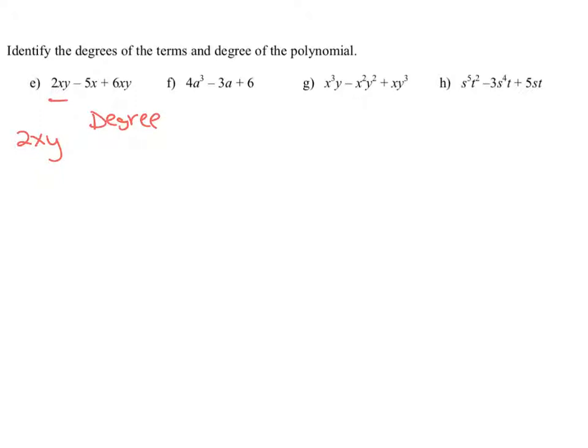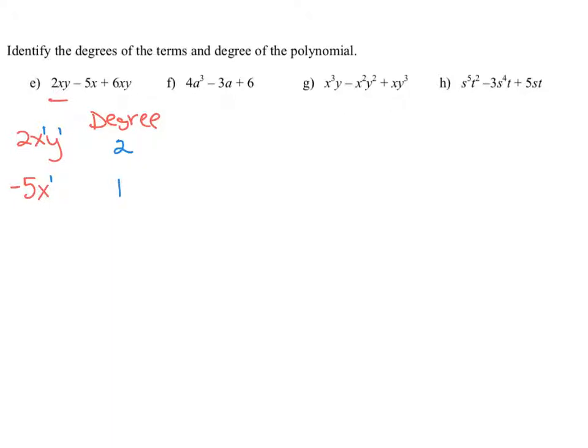Since the first term is 2xy, we can think of this as x to the first and y to the first. So the total degree of that first term is 2. 1 plus 1 is equal to 2. The second term is negative 5x. We can think of this x as just x to the first. So the degree of the second term is 1.